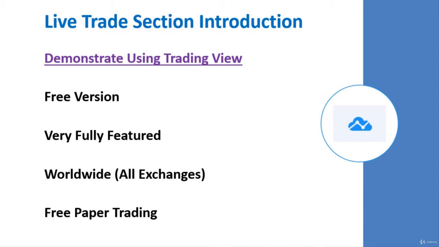So that's why I'm using TradingView, but there's a lot of other good ones out there. Stockcharts.com is one that's got some free stuff. And there are some in different countries that are good too. So you don't have to use TradingView, but it might be a good place to start as far as something free. Also, if you've got an online broker, they might already have a lot of this built in. Some are very fully featured, like TD Ameritrade with their Think and Swim product, and others are a little bit less so, like some of the mobile type brokers, like Robinhood or eToro or Interactive Brokers.